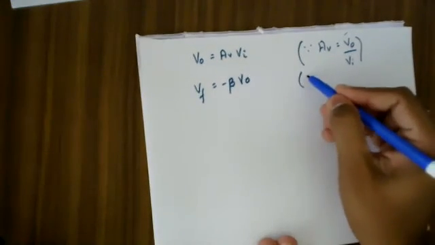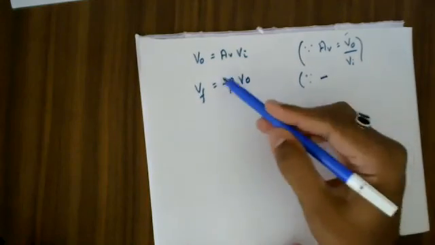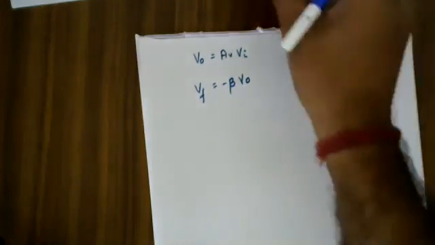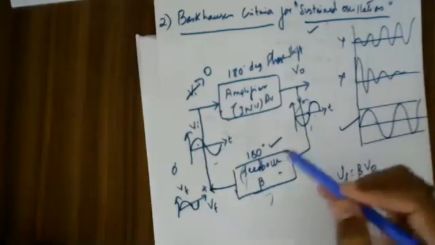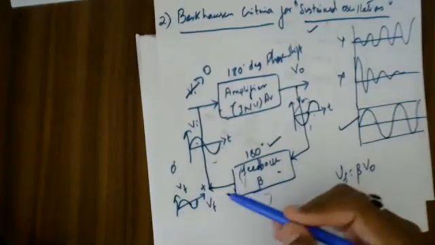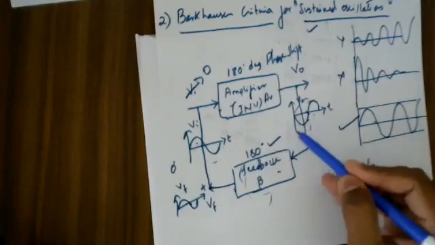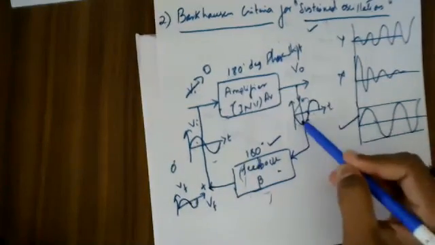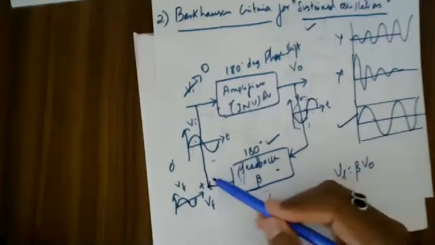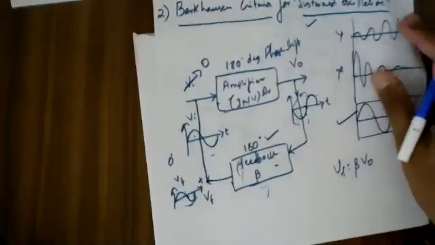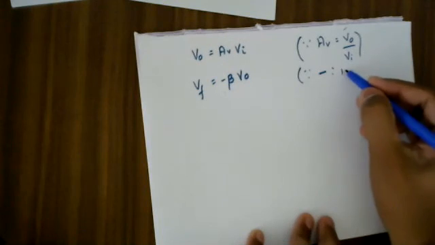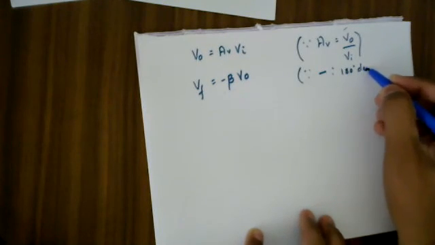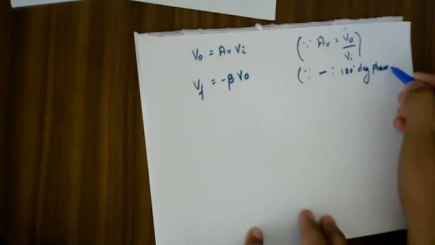For your reference, this negative sign is saying that when I compare my output voltage with the feedback voltage, there is a phase shift of 180 degree between your output voltage and your feedback voltage. So that's the reason why I'm writing a negative sign here. The negative sign is in accordance with the 180 degree phase shift.